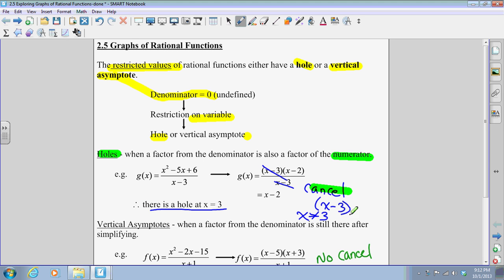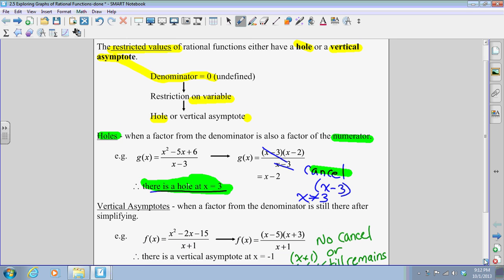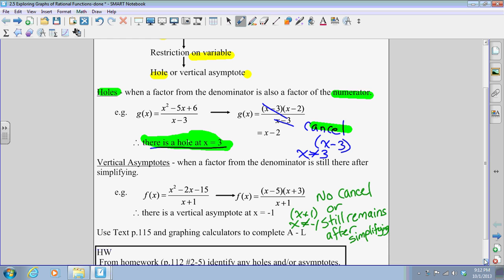So you let the canceled factor equal 0. So in this case, your restriction would be x cannot equal 3. The reason it can't be 3 is because there would be a hole at 3. And in a couple minutes, we're going to do some of this on a graphing calculator to show you. Okay? And again, if we don't have graphing calculators at home, we can practice this in class with a graphing calculator. All right, so that's holes.